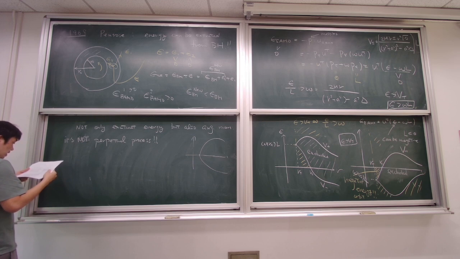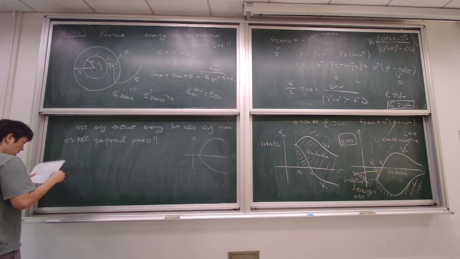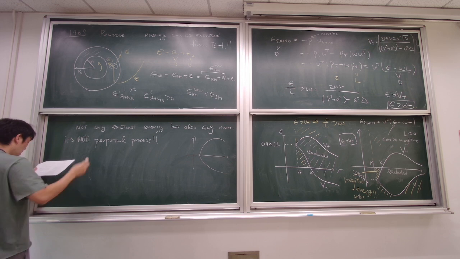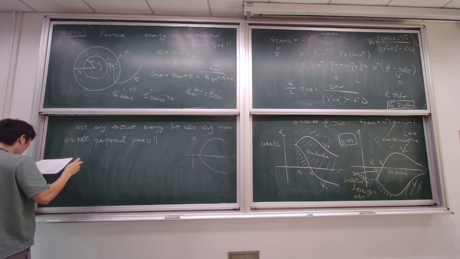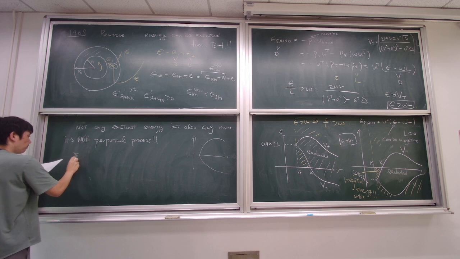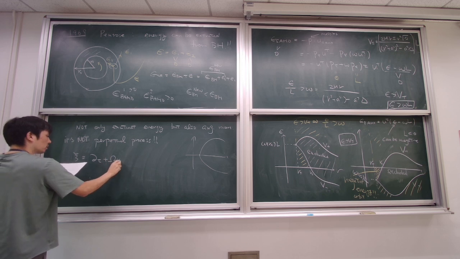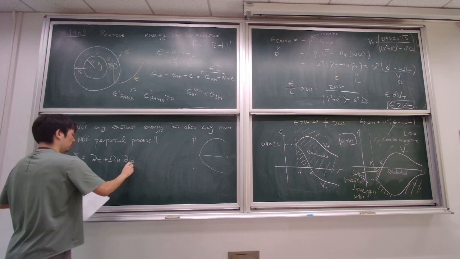So let us estimate how much you can extract. To do that, let's consider the following. The Killing vector we consider is this one, phi.